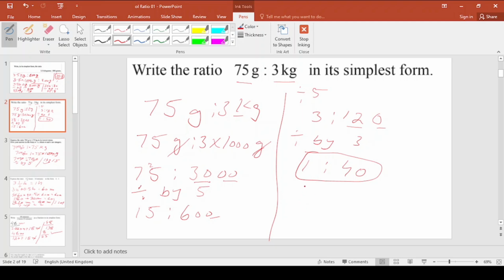We can read it as 1 ratio 40, or for every 1 unit there are 40 units, or for every 40 units there is 1 unit.